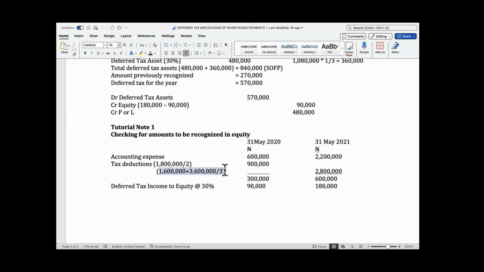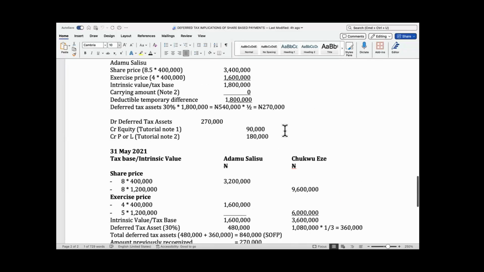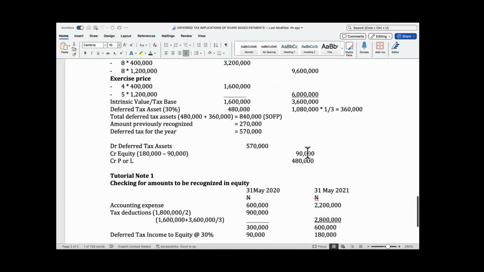You add the total intrinsic value as at 2021, which is higher than the expense I've recognized so far by 600. 30% of that should go to P&L, right? I'm taking it to equity, 180. But out of this 180, I've already recognized 90 to equity in year 1. So the remaining 90 is what goes to equity for the year. So either way you want to look at it, it gives you the same result.